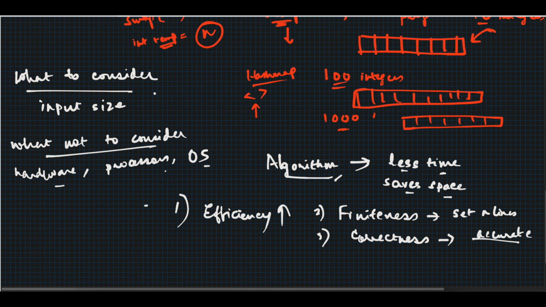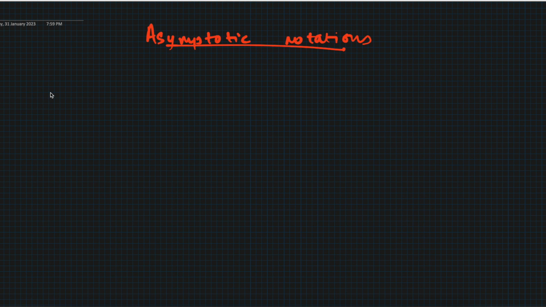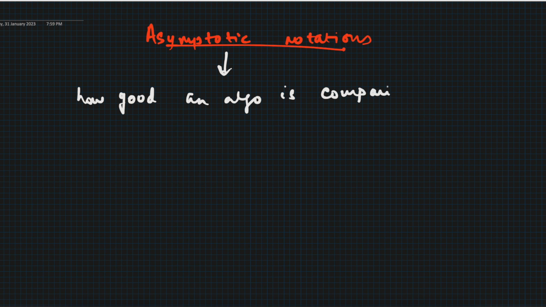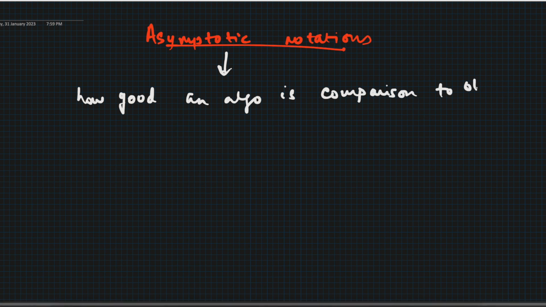Now the final part that we are going to talk about in today's session is the notations. We'll talk about asymptotic notations, what they are, and how they help us in calculating time and space complexity. They help us determine how good an algorithm is in comparison to another algorithm.